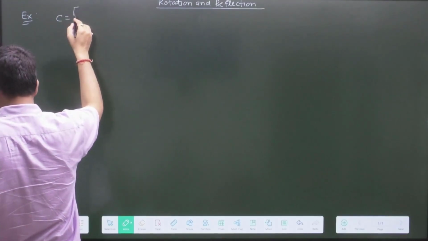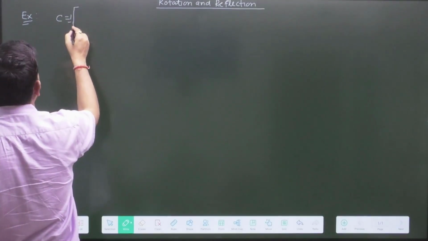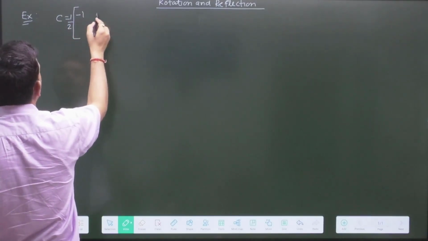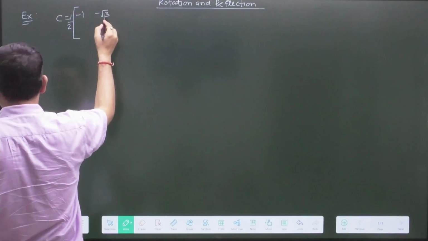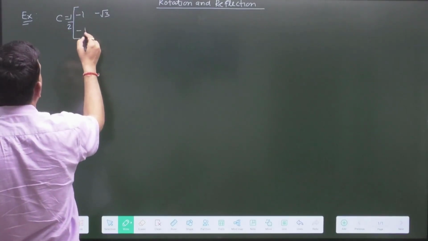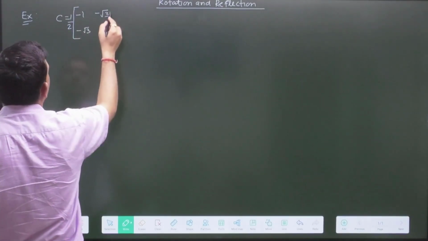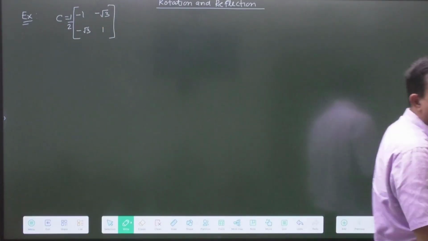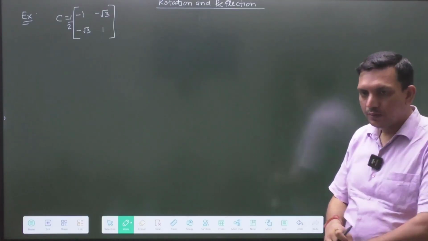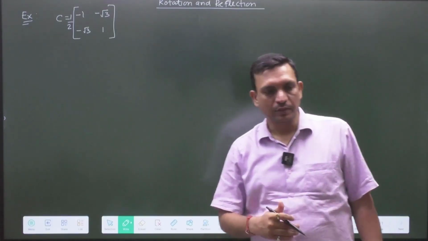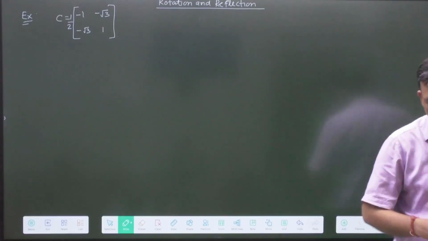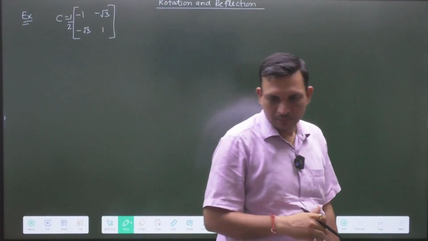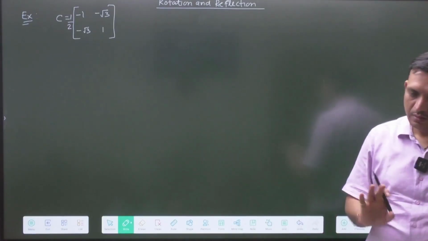And this is given as 1/2 times (-1, -√3; -√3, 1). You have to check. Yes, active transformation, that will be given.